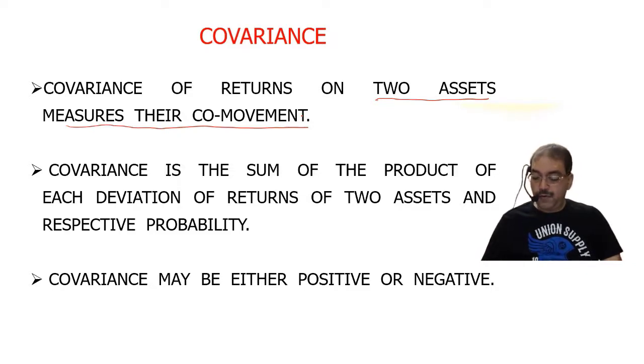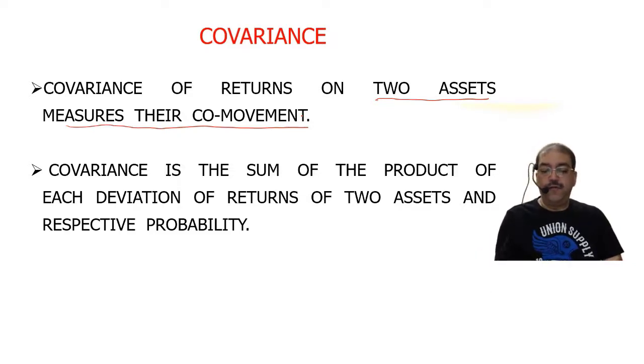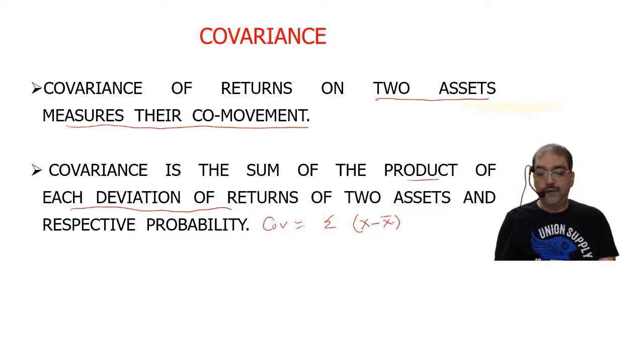Now, first thing, let us see the formula for this. Covariance is the summation of product of each deviation of returns. Suppose there are two securities, X and Y. So product of each deviation of returns: X minus X bar, deviation from X bar.